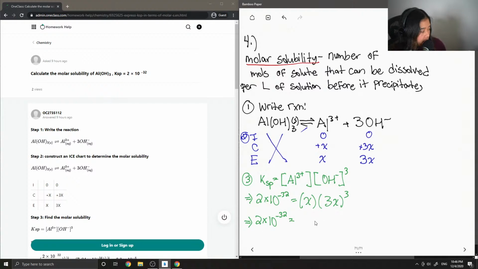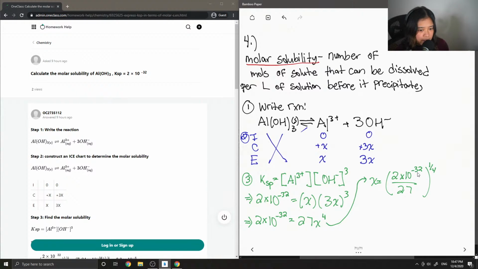Okay, so this can be simplified to 27 times x to the power of 4. And then x is equal to 2 times 10 to the negative 32 divided by 27, all of this to the power of 1 over 4.